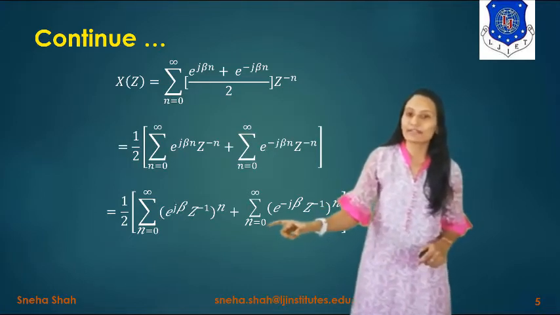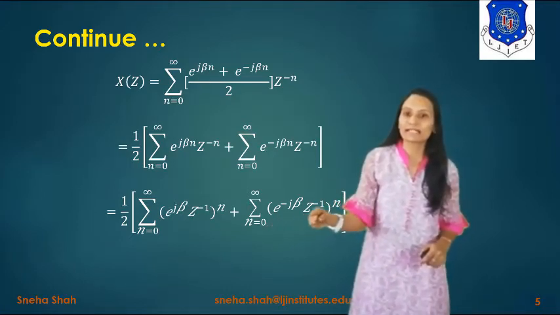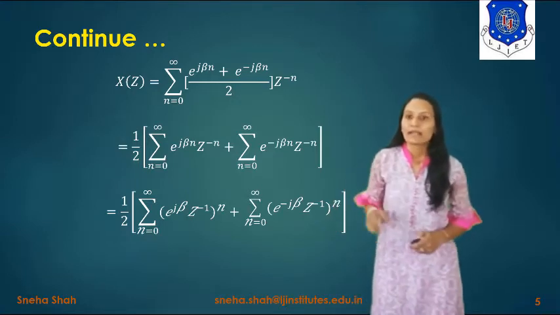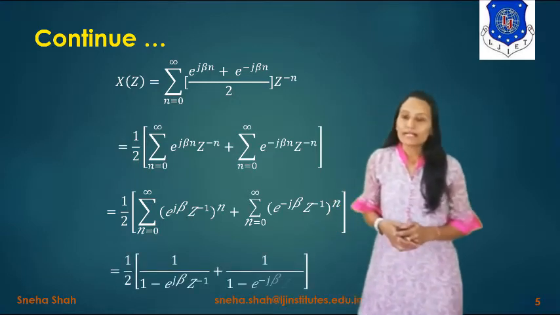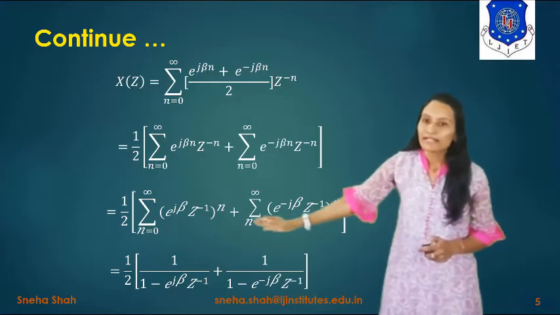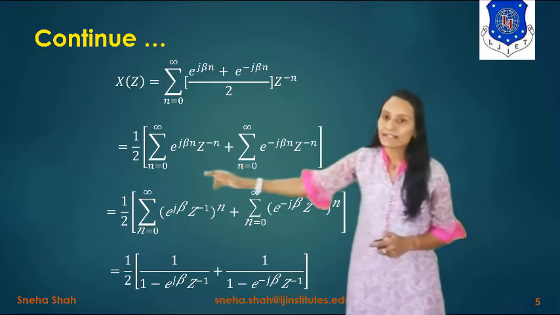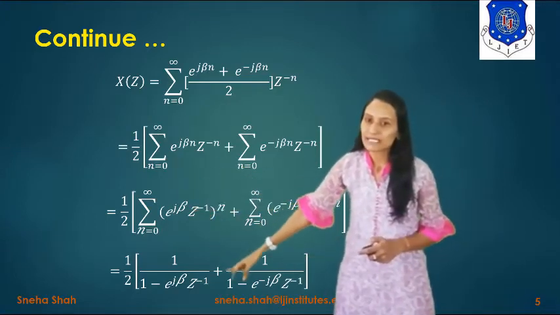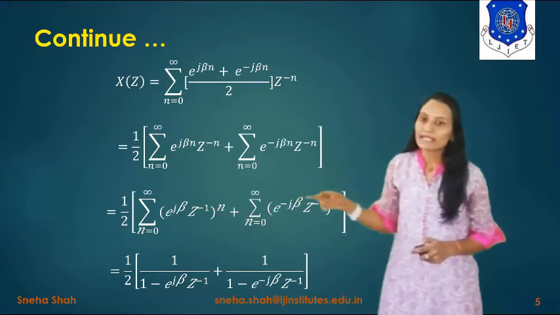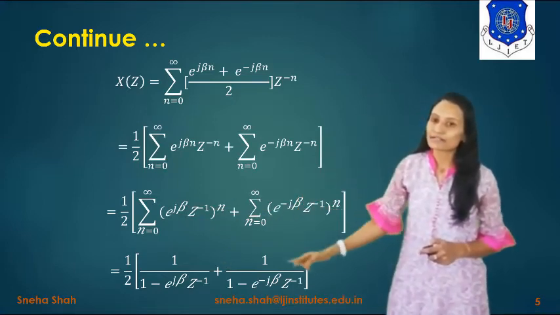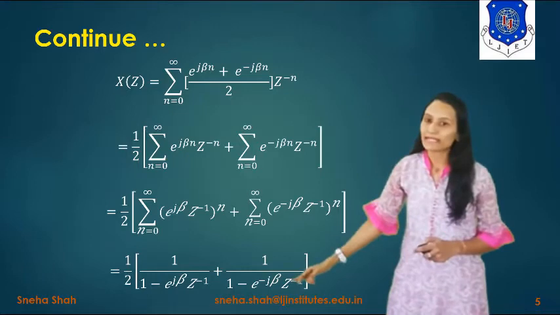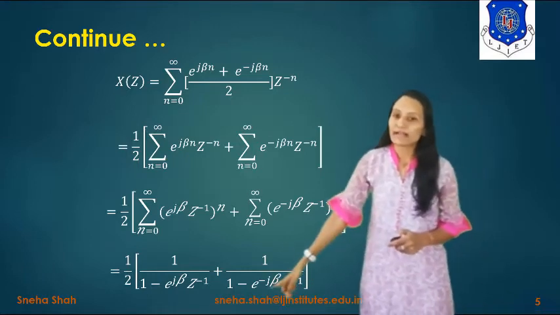So here the value of a equals e raised to minus j beta z raised to minus 1. Now we will convert this in the form of 1 upon 1 minus a. Here the value of capital A equals e raised to j beta z raised to minus 1, and here the value of capital A equals e raised to minus j beta z raised to minus 1. So this one is the final term.